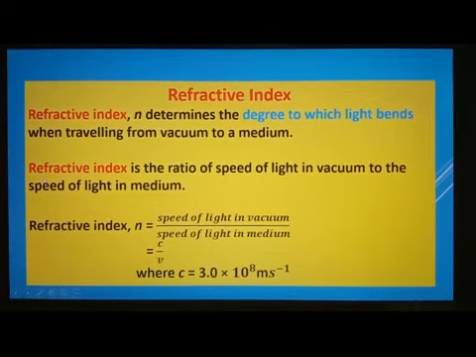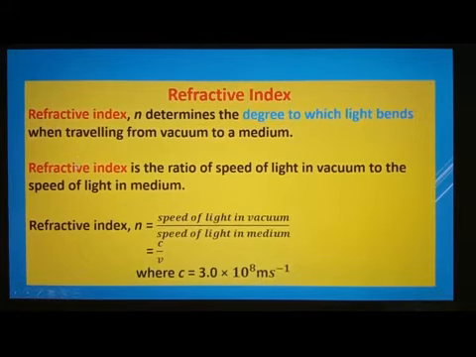We can also write that refractive index is the ratio of the speed of light in vacuum to the speed of light in the medium. So n equals c divided by v, where c is the speed of light in vacuum, 3 times 10 to the power 8 meters per second.